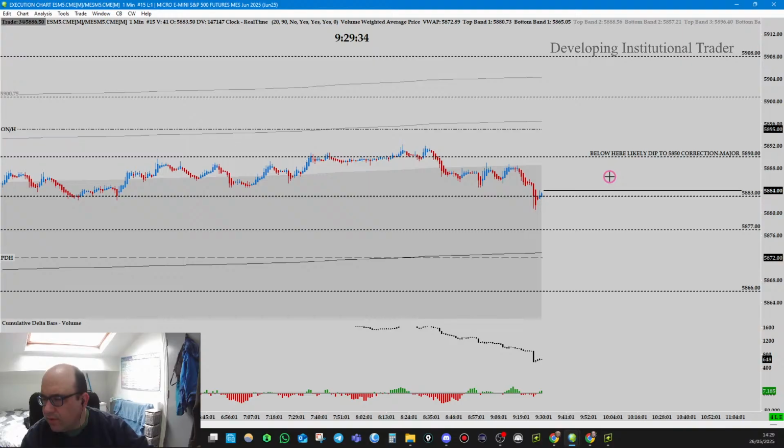Things are a bit fluid now. Just waiting to see some kind of confirmation. Some volume or something to be built up. I haven't seen it yet.